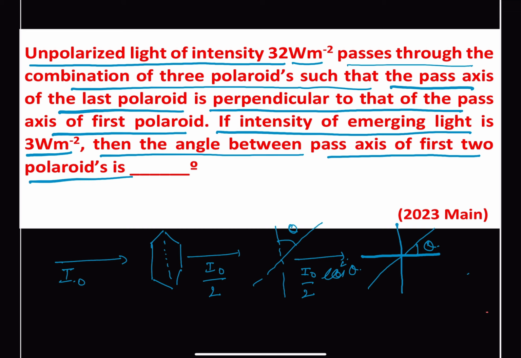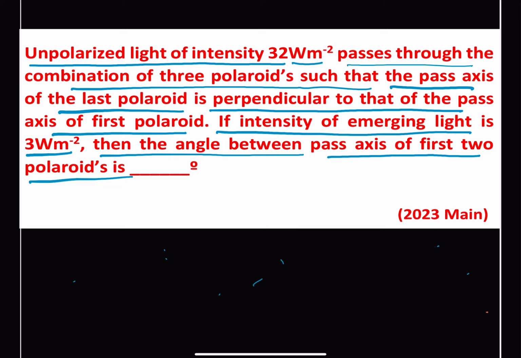Let's start again, I made a mess of it. The unpolarized light is 32 watt and there are a total of 3 polaroids, and it says that the pass axis of the last polaroid is perpendicular to the pass axis of the first polaroid.